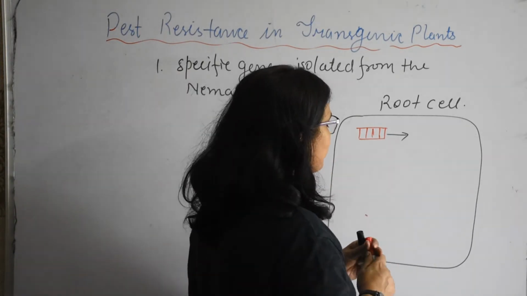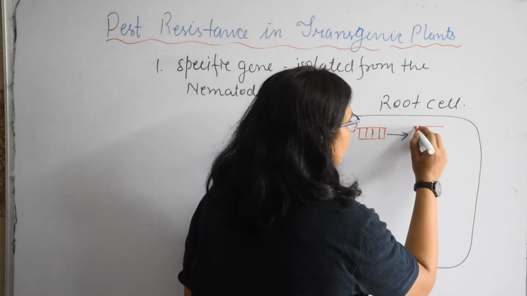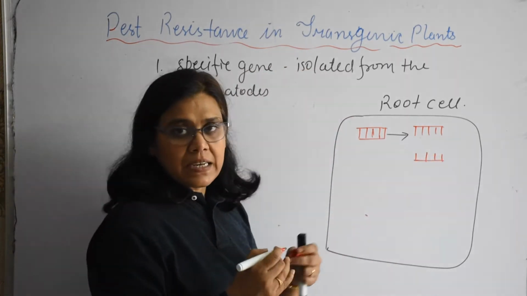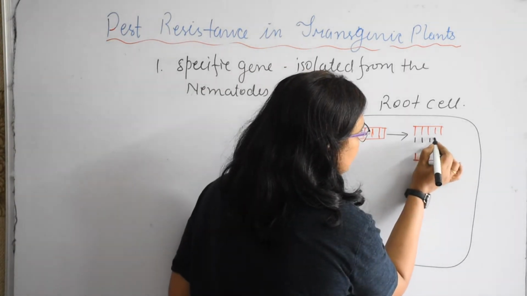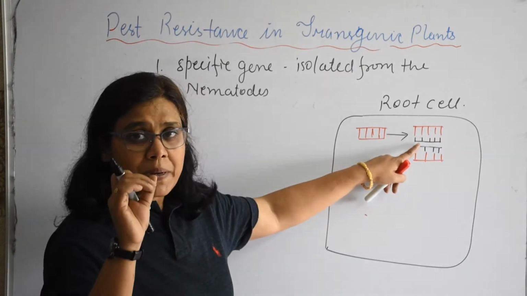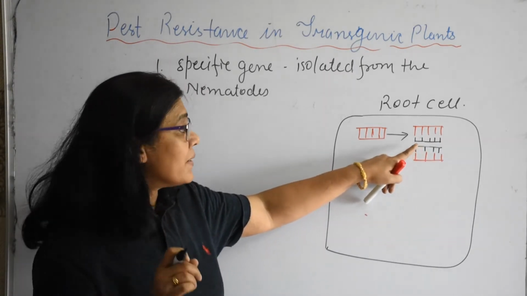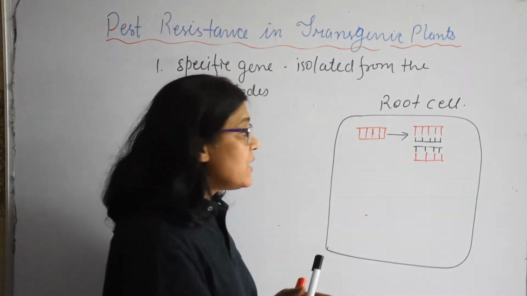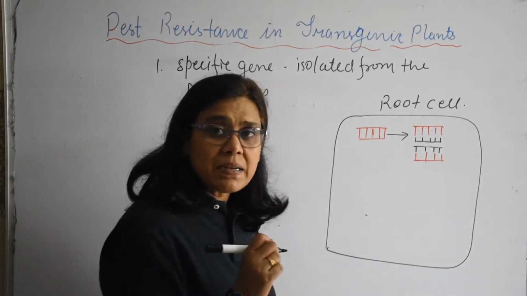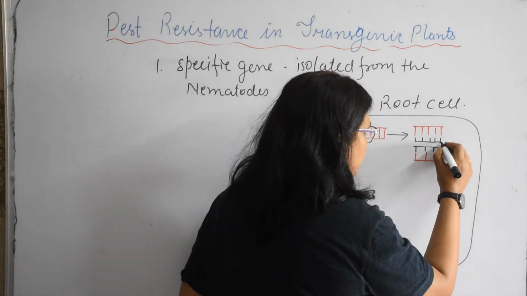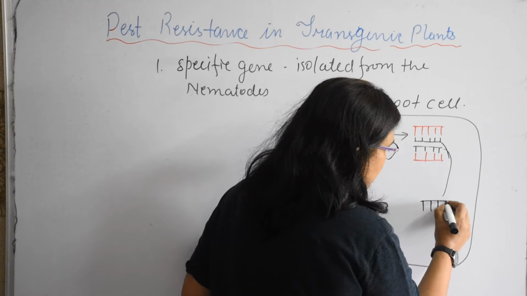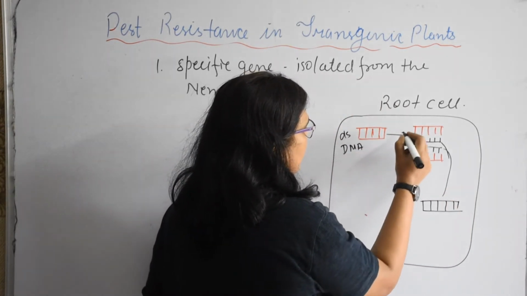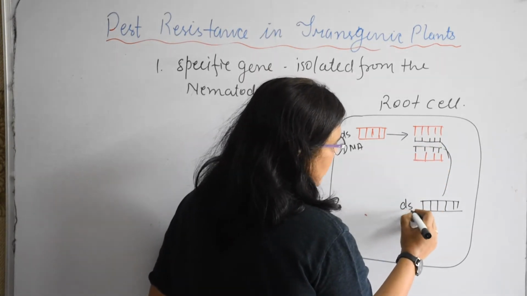So this is DNA, and here the RNA is synthesized. To represent RNA, I am using black color here. These two strands of the RNA are complementary to each other. So this is how the double-stranded RNA is formed. So this is DNA, and this is double-stranded RNA.